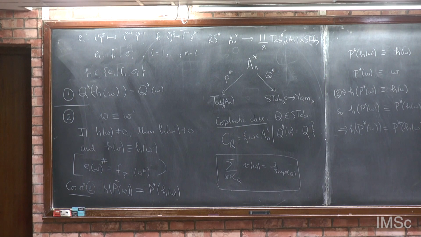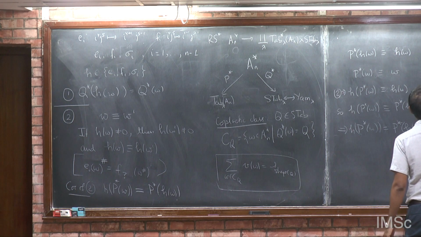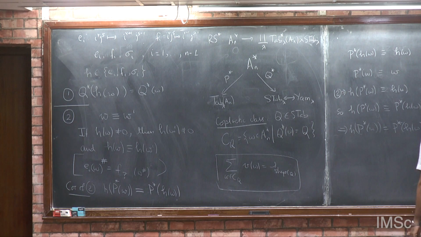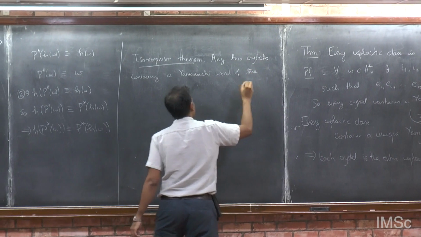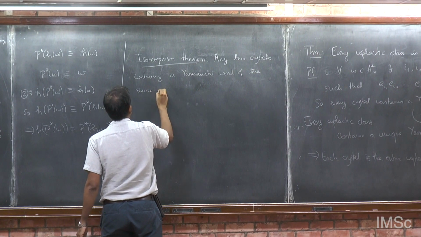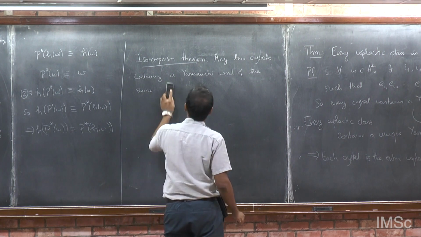So what I want to claim now is the isomorphism theorem: any two crystals, remember crystals are endowed with this color directed graph structure, containing Yamanouchi words of the same weight, are isomorphic.